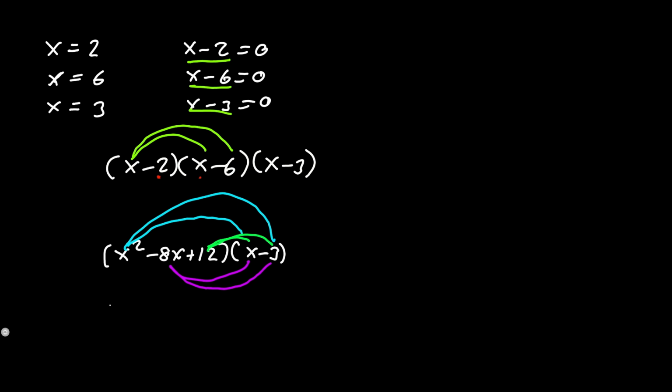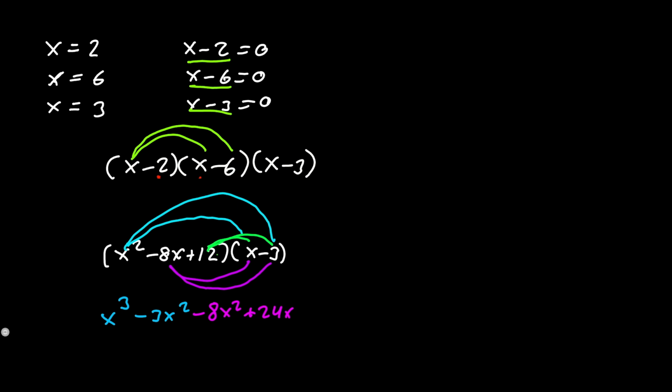Expanding that out, we get x squared times x is x cubed, and negative 3 times x squared is minus 3x squared. Then we multiply negative 8x with x, which is minus 8x squared, and negative 8x times negative 3, that is plus 24x.